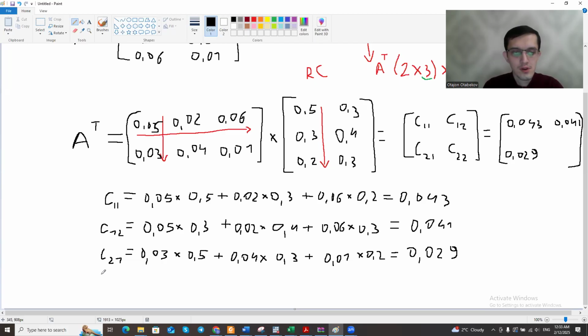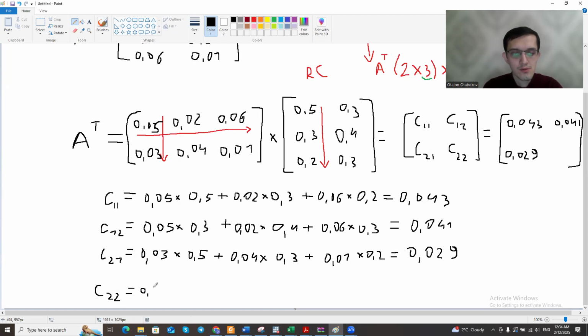Finally, we are at the C2 and 2 element, which is second row of the A transpose matrix multiplied by the second column of the B matrix. Respective elements will be multiplied by themselves, and we just put addition among them.